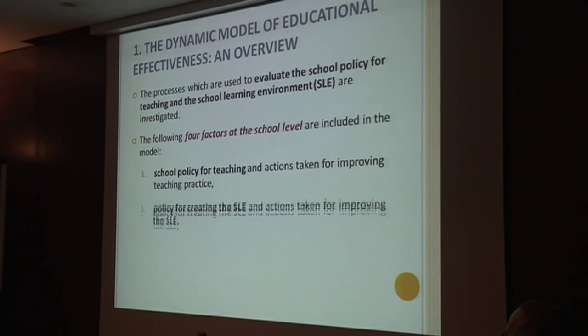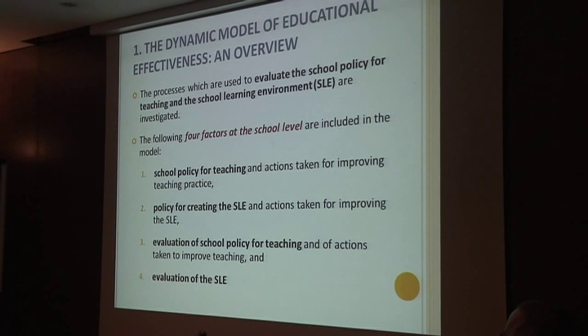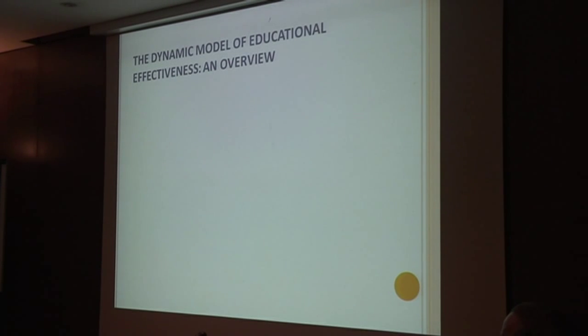So at the end, at school level, we have 4 overarching factors: the policy for teaching and the school learning environment, and the evaluation of policy for teaching and the evaluation of the school learning environment. Let me be more specific, giving some more information about each of these factors.